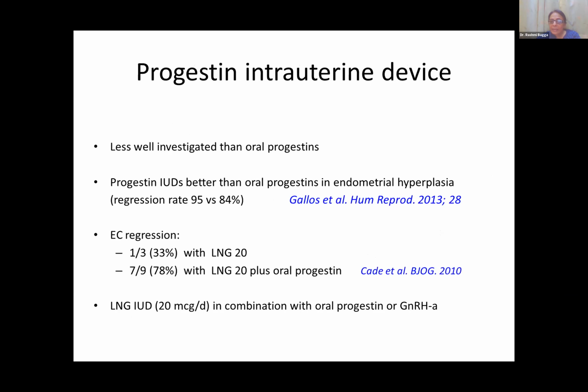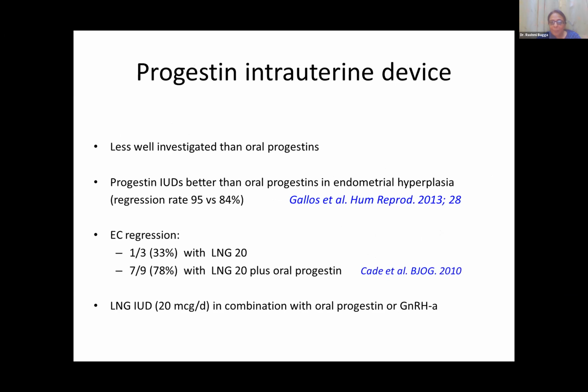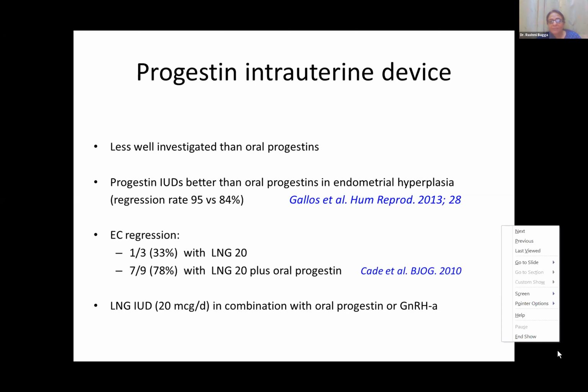Now, this intrauterine device has been less well investigated than oral progestins and has been found to be better in endometrial hyperplasia because the regression rate is better, to the tune of 95% versus 25% with oral progestins, but not so in endometrial carcinoma at present, where a small study showed a 33% regression with LNG IUD alone, but when it was combined with oral progestin, the regression rate was higher, at 78%. So at present, it has been used in some situations in combination with oral progestins or with GnRH agonists.